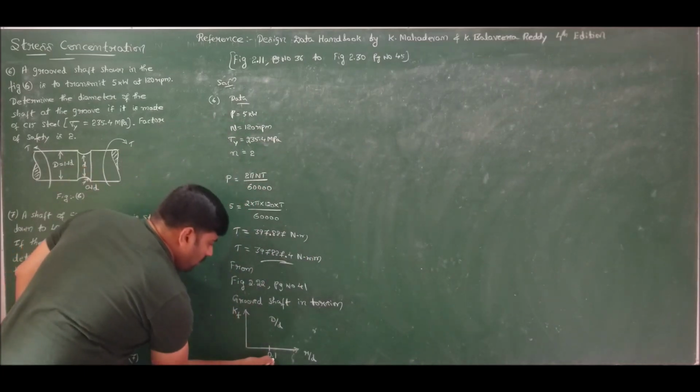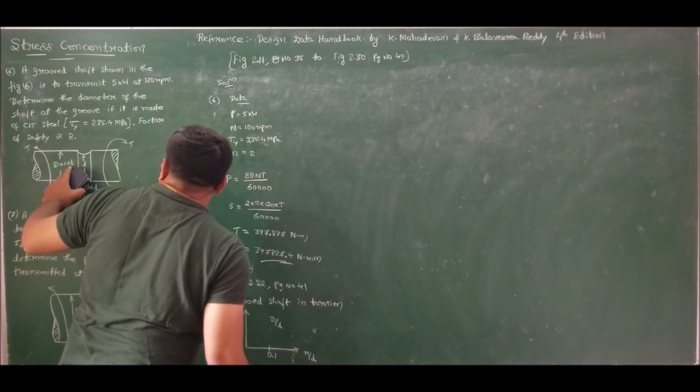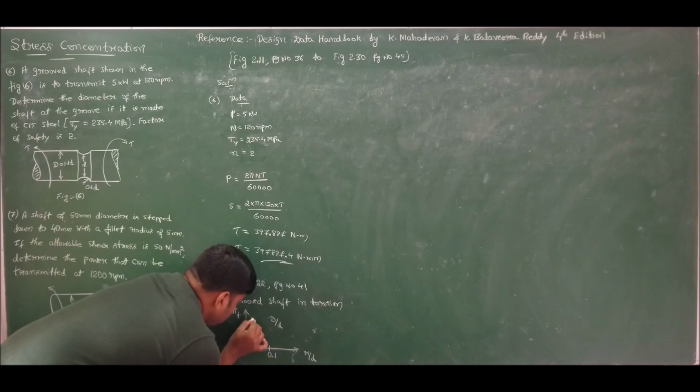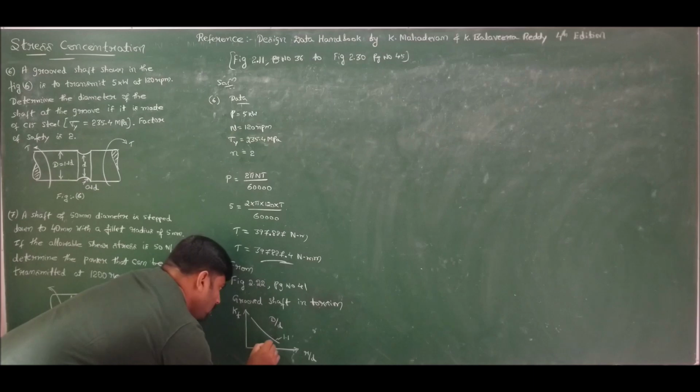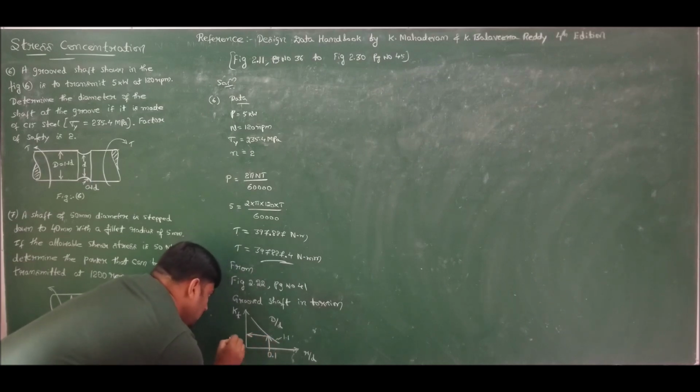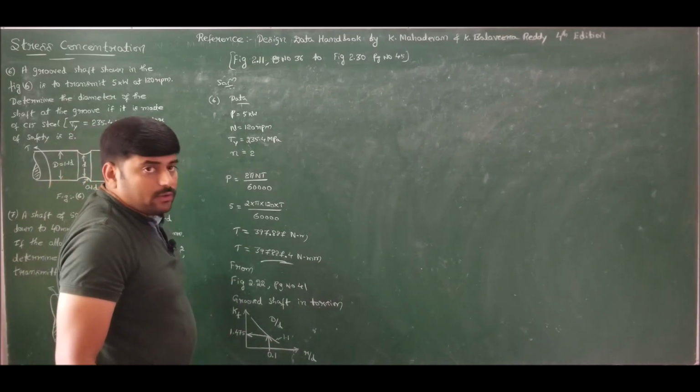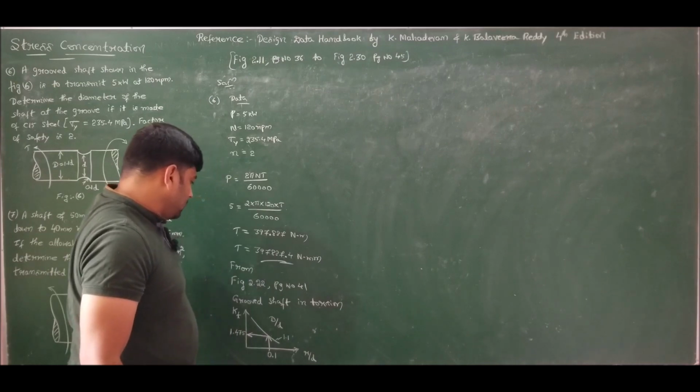Capital D is 1.1 d, small d is d, so d will get cancelled and I get 1.1 as the D by d ratio. So if I move up, intersect the 1.1 curve and come horizontally towards the left, I find that the stress concentration factor is 1.475, lying exactly between 1.45 and 1.5.